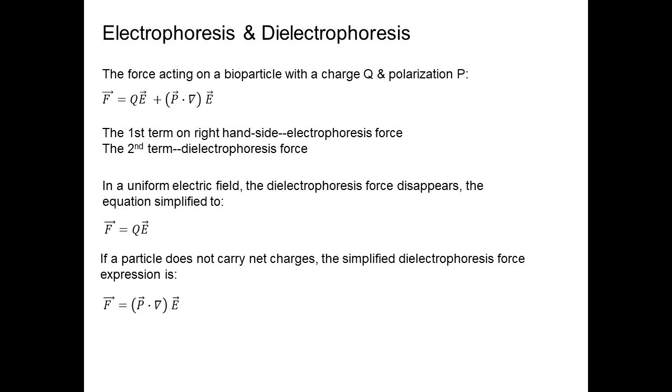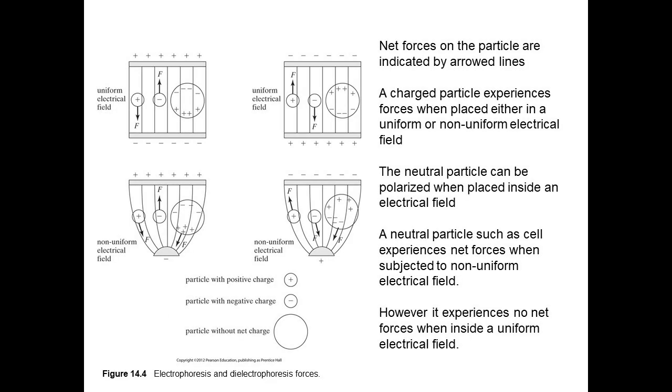In a uniform electric field, the dielectrophoresis force disappears. The equation is simplified to the first term on the right hand side, F equals QE. If a particle does not carry net charges, the simplified dielectrophoresis force expression is F equals P dot delta times E.